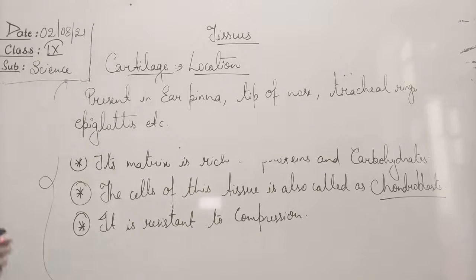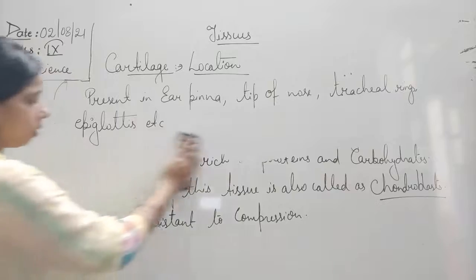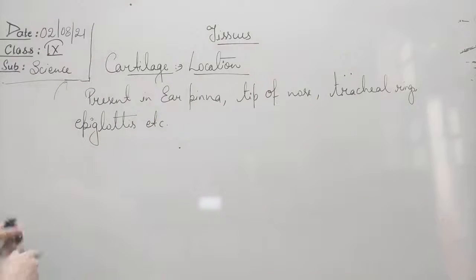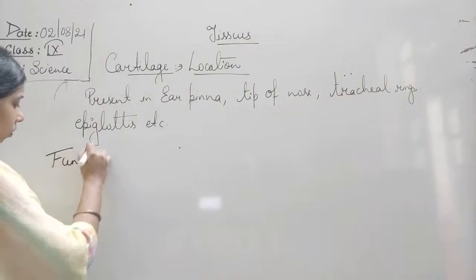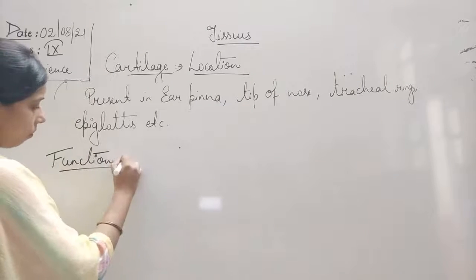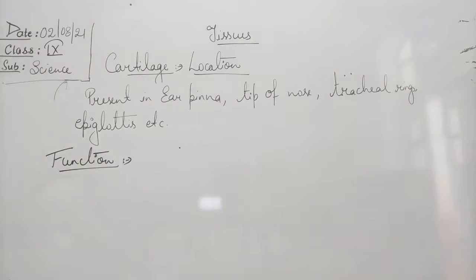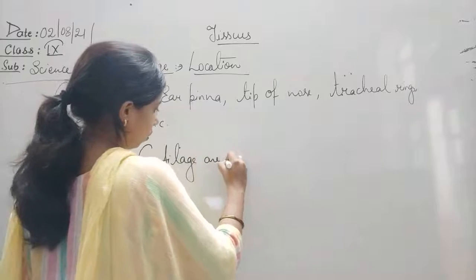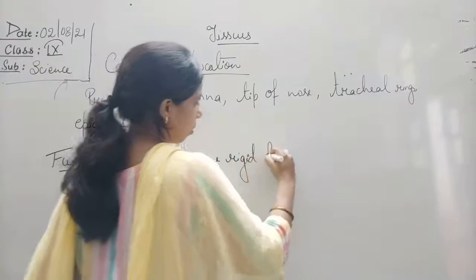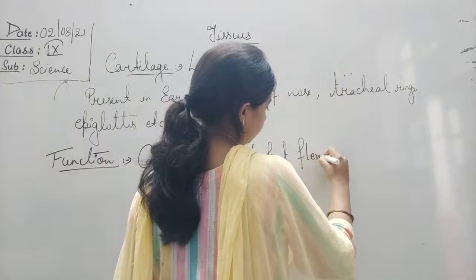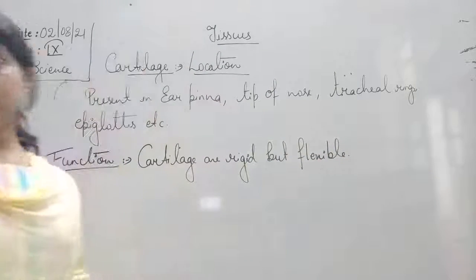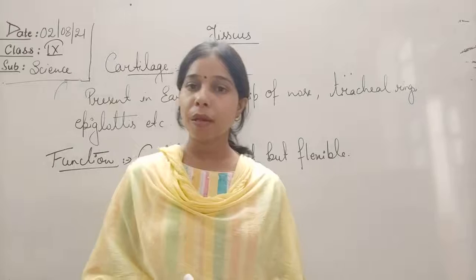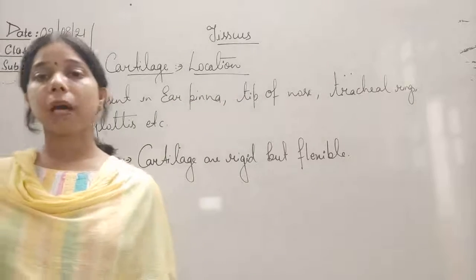Now let us see what the function of the cartilage is, students. Cartilages are rigid but flexible, and we can say that these tissues help in providing flexibility. So this is about the cartilage.